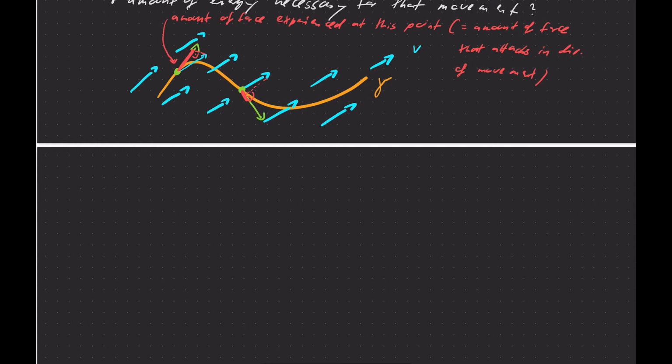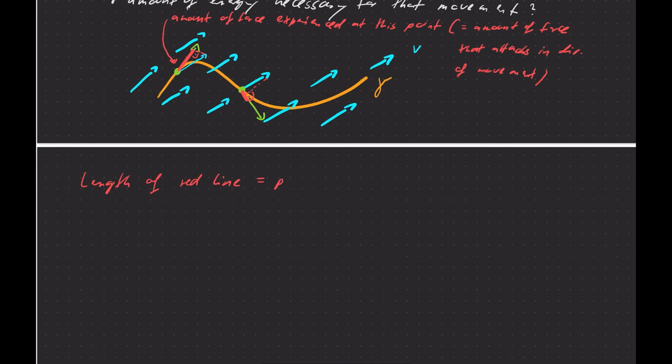So the length of the red line is equal to the length of the projection of the vector field onto our current speed vector, onto our direction of motion.